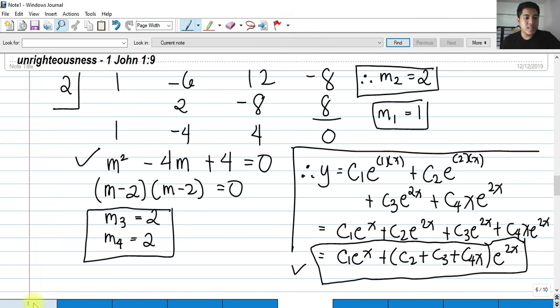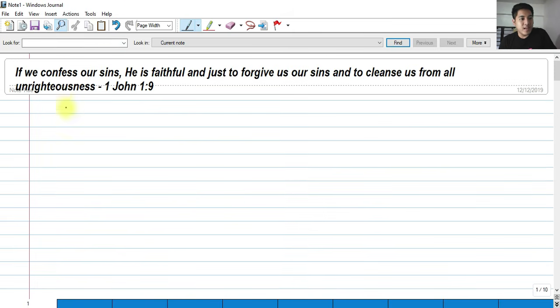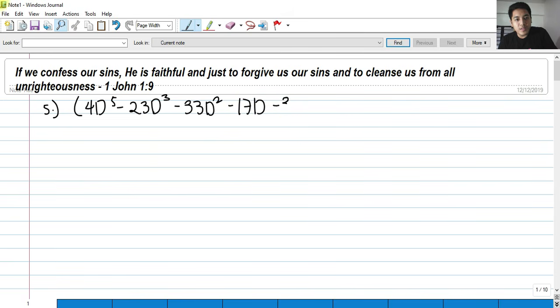Okay, this will be our last example, number 5. For number 5, we have (4D raised to 5 minus 23D cubed minus 33D squared minus 17D minus 3) multiplied by y is equal to 0.